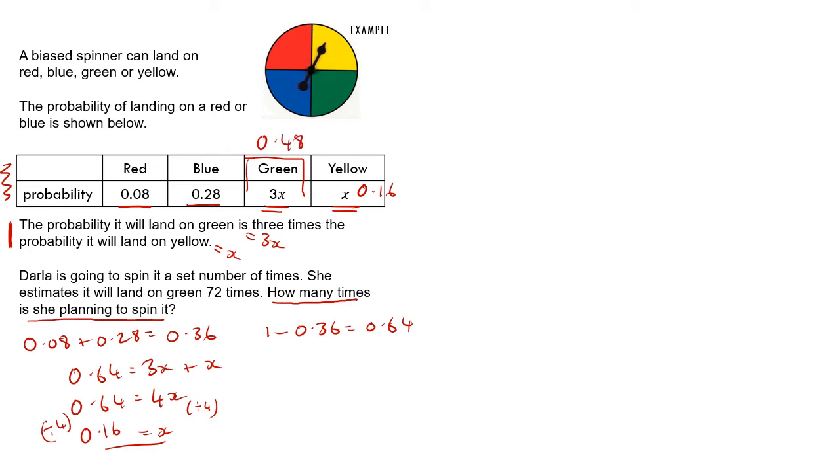Now, we've seen she estimates it's going to land on green 72 times. So we know the number of green times is equal to the probability of green multiplied by the total number of trials. Here it's the total number of spins. So 72 is equal to 0.48 times the total spins, dividing both sides by 0.48.